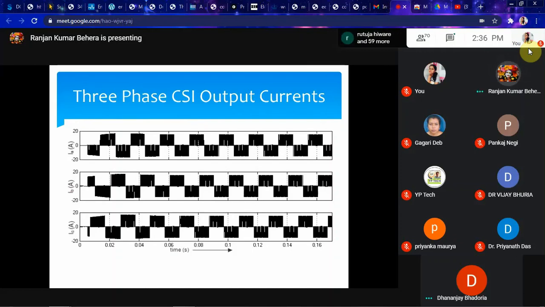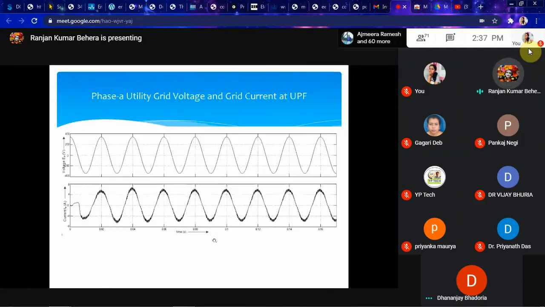You can see here they are all 120 degrees phase apart from each other. This A phase and B phase are 120 degrees apart, and the C phase is 120 degrees apart like that. This is a completely balanced output.